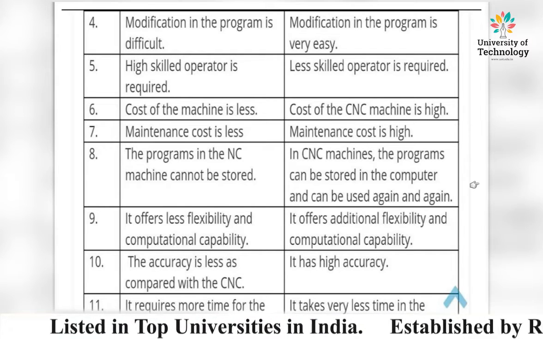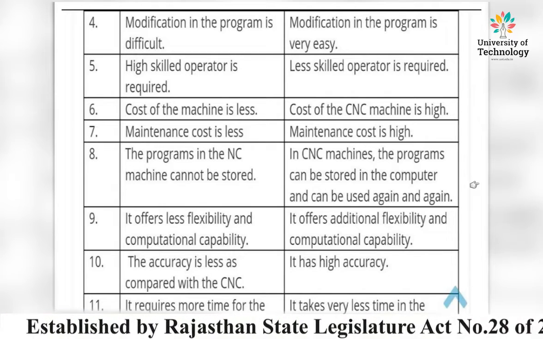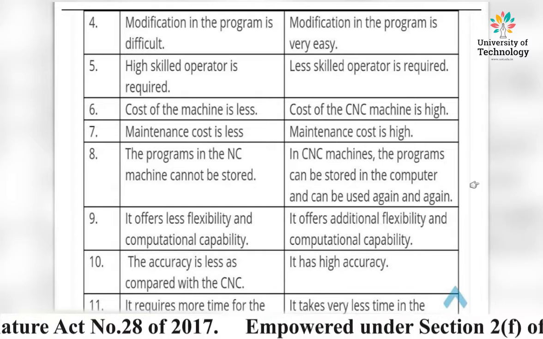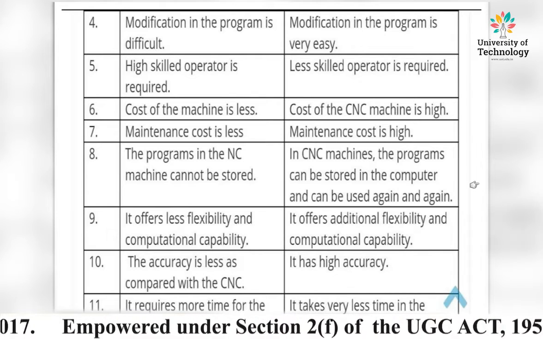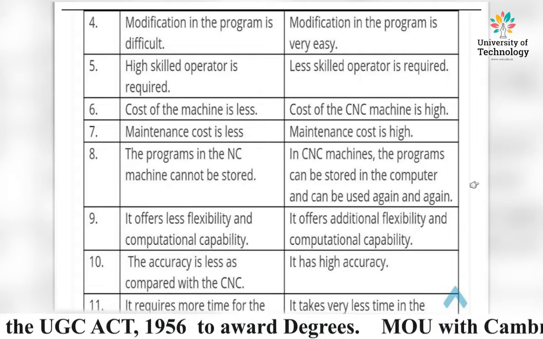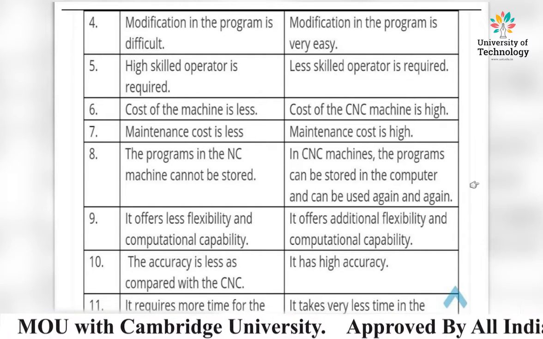The ninth difference: NC machines offer less flexibility and computational capability, while CNC machines offer additional flexibility and computational capability. The accuracy is less in NC compared with CNC machines, while CNC machines have high accuracy.